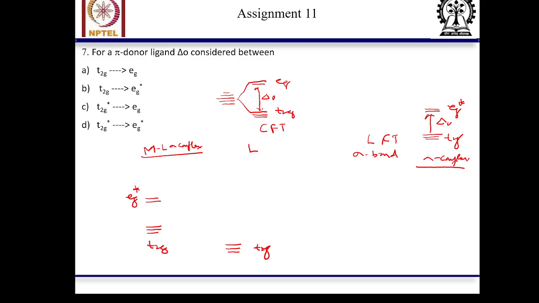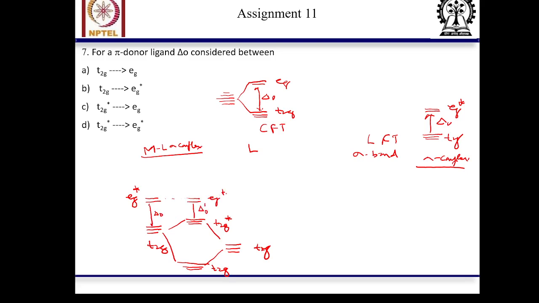Now it will form a bonding and an anti-bonding combination. This is your T2g and this is your T2g star. Now we have here Eg star. So this is your first delta 0, and this is your delta 0 dash for the pi bonding.